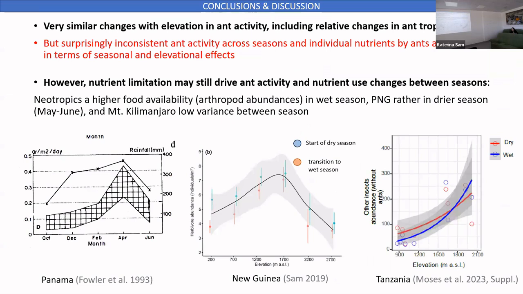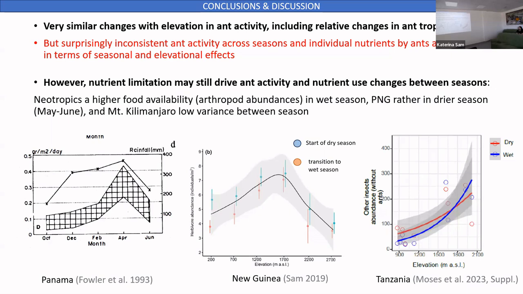So now I would like to summarize how to make a story from it, because it was not so easy, as you could see, because the patterns are kind of random and go against the theories. I was looking at the literature, and the conclusion would be that we have very similar changes with elevation and activity in ants, but there is a different seasonal effect, which is quite interesting and consistent, and there are not many studies which compare this. Basically there are no studies from different regions which compare elevational patterns in ants between tropical mountains.